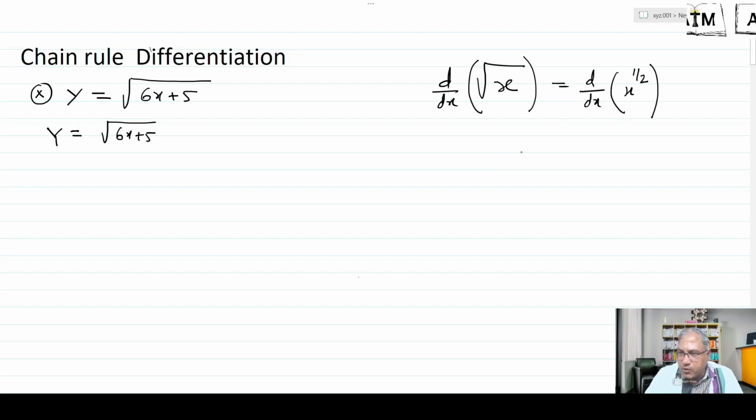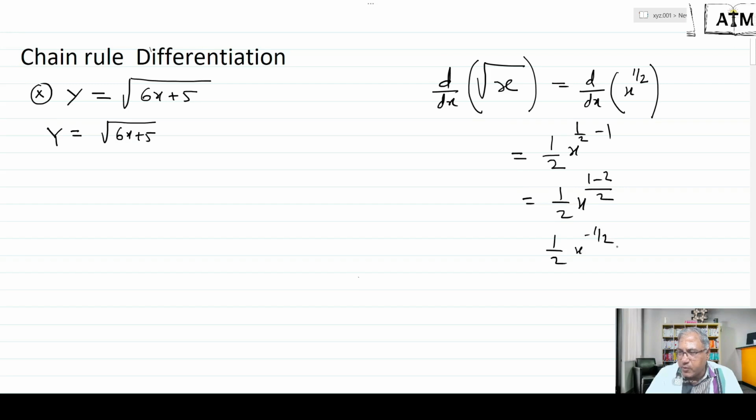The derivative of x raised to 1 by 2 is nothing but 1 upon 2 x raised to 1 by 2 minus 1, which is 1 upon 2 x raised to minus 1 by 2, equals 1 upon 2 root x.